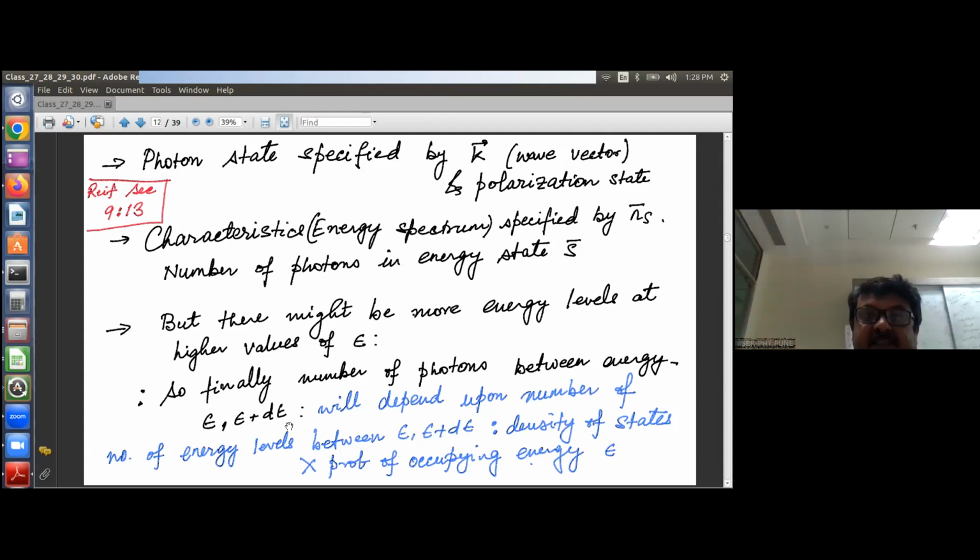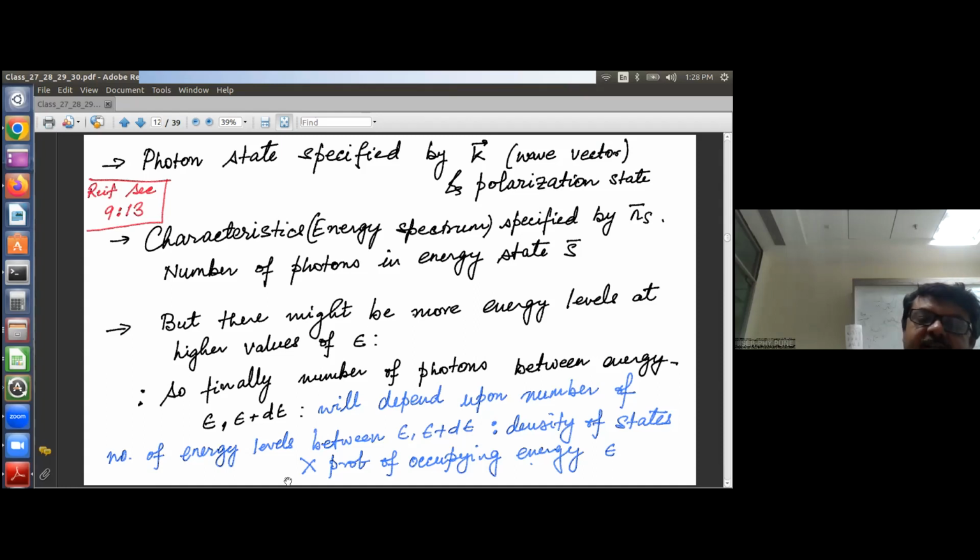The probability of accessing each of them might be low, but if there are more quantum levels available, the product of the probability and the density of states can become a finite number, and hence you can find a peak at a certain value of energy as you increase temperature.